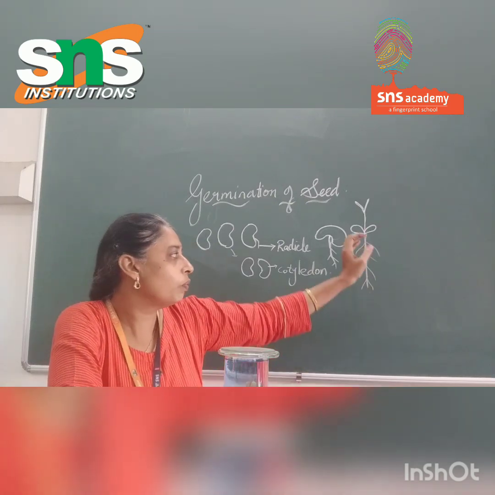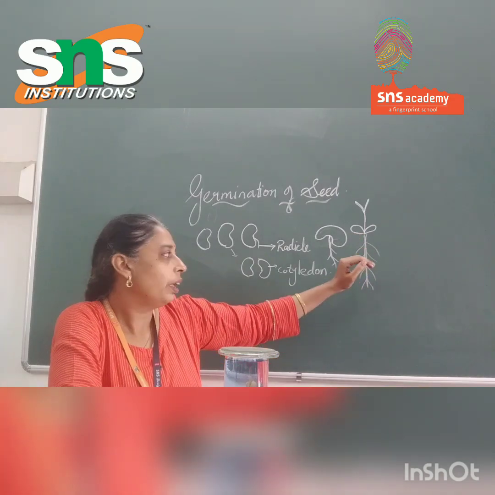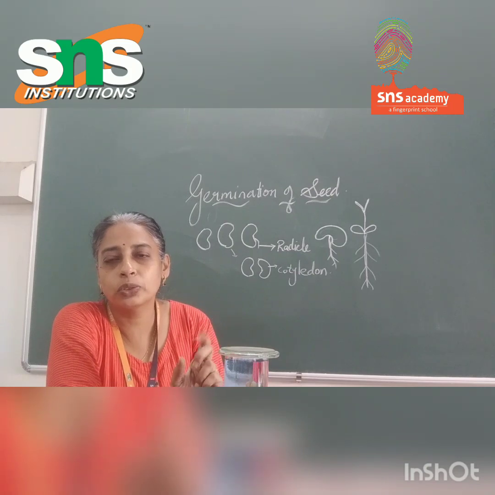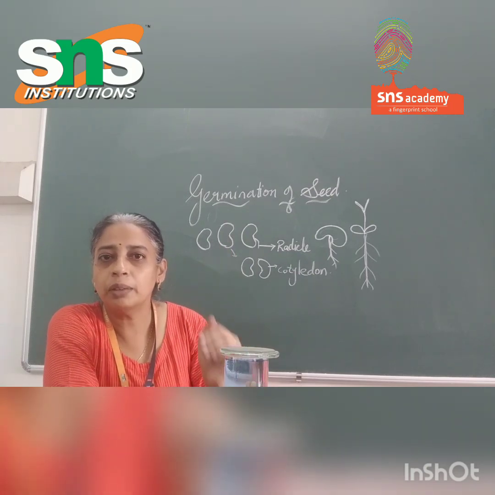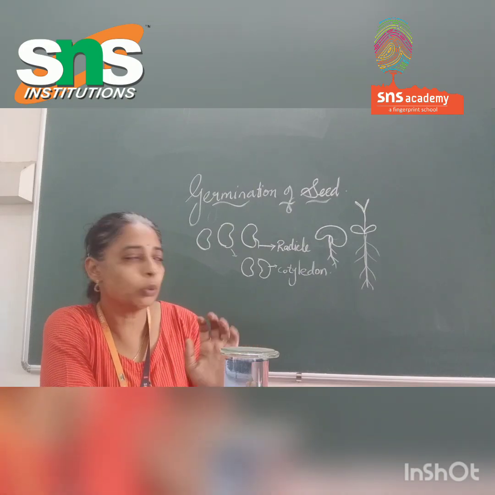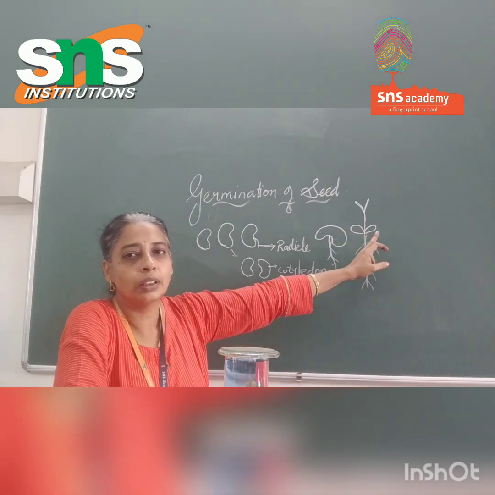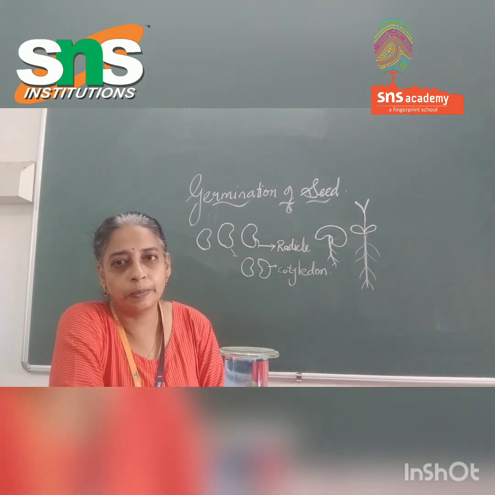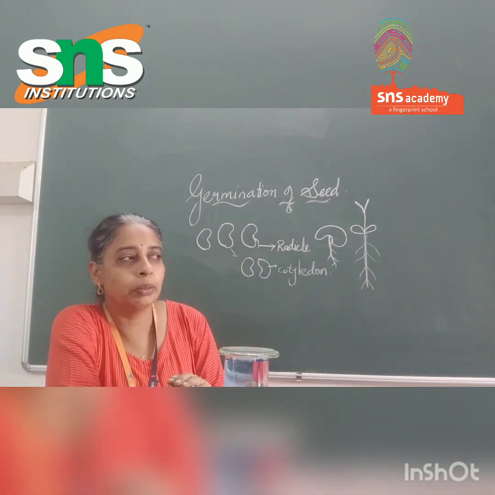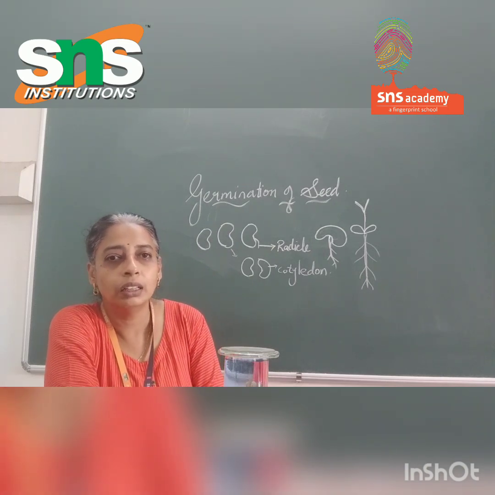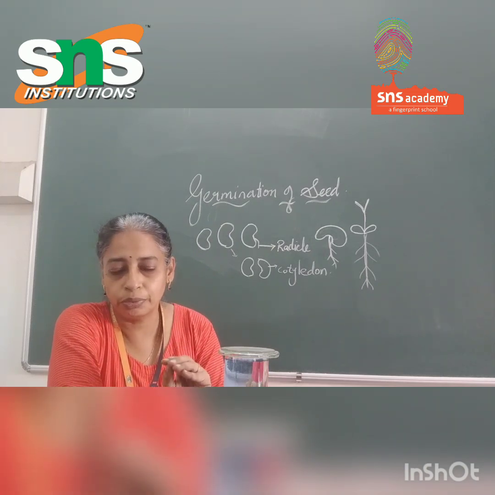So once the roots are well developed, as well as the shoot system is developing and big leaves are formed so that they can trap sunlight and start preparing its own food, until that, these two seed leaves supply the nutrients. So a minimum quantity of nutrition is already present in the seed that will help the plant to grow.